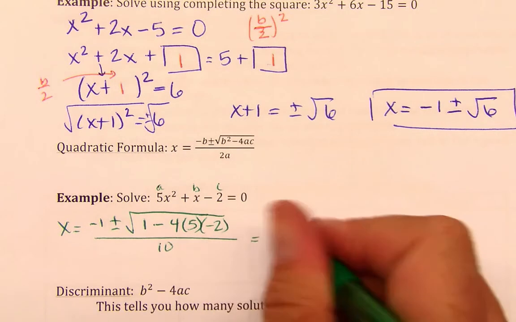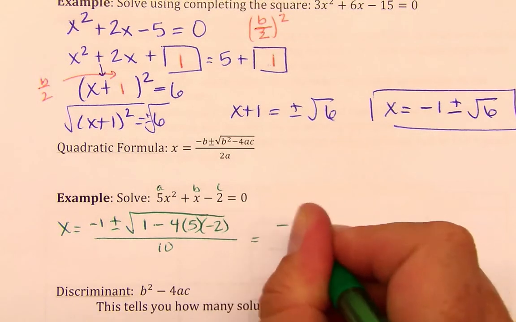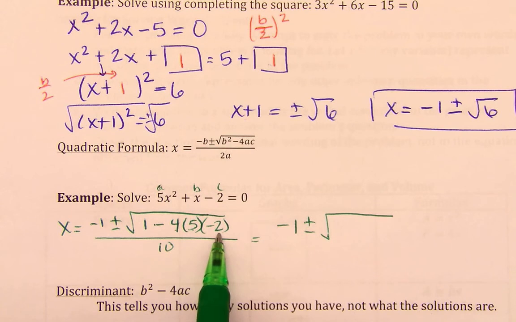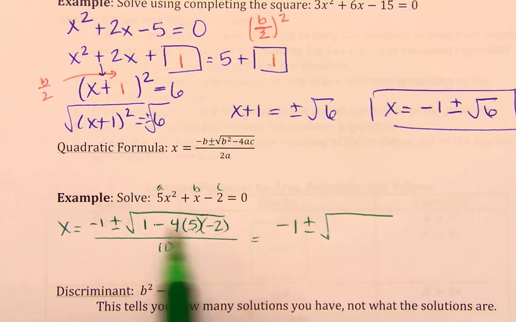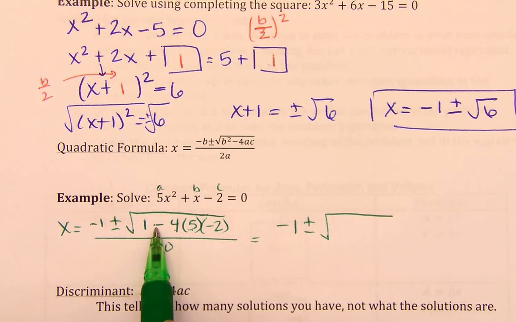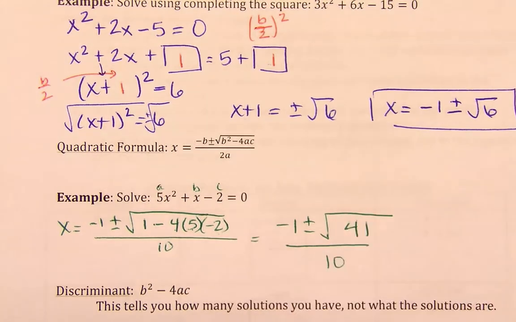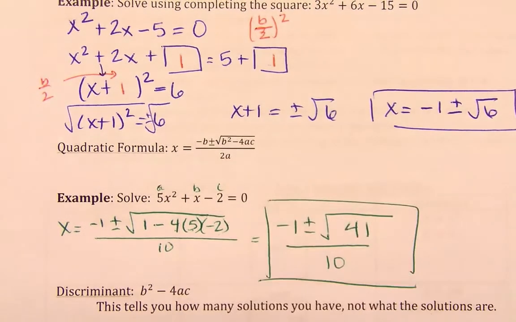And now we just need to simplify. And we have 4 times 5 is 20, times 2 is -40, but times a negative is a positive, so 41 over 10. And there's nothing we can simplify, so that's our answer.